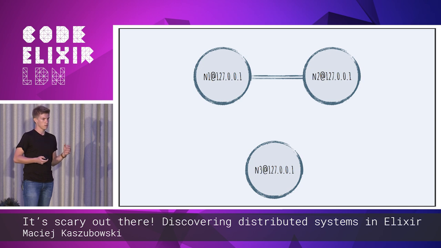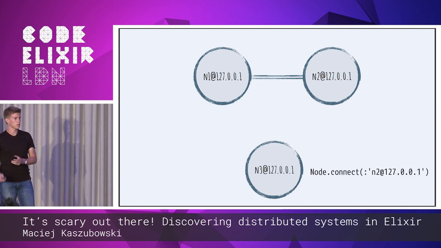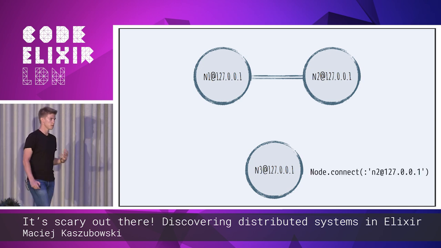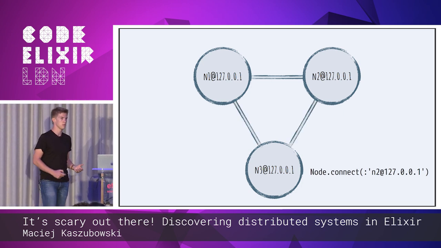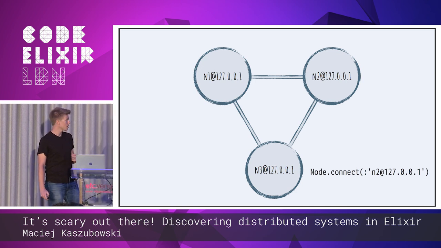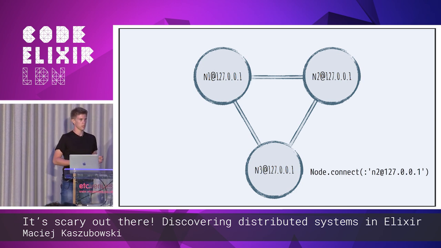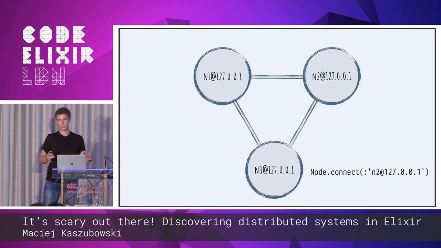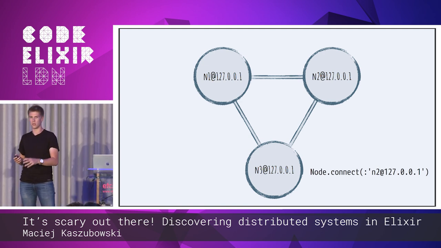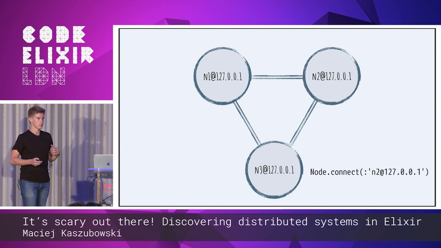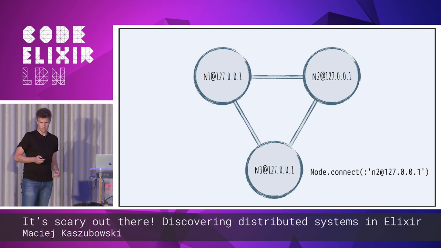So when you add another node to a cluster and you call Node.connect, the runtime will automatically connect this node to all the nodes that are currently running in the system. And this is nice because it gives you the ability to communicate easily between each node, because every node sees all the other nodes in the system and can send messages to every node.